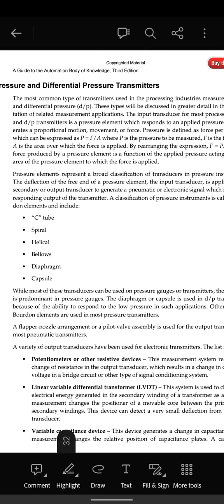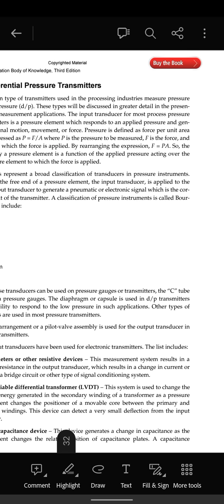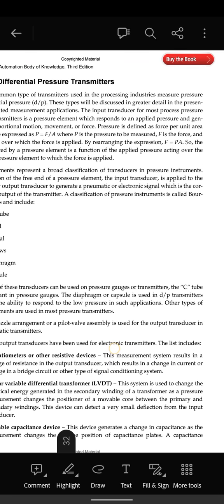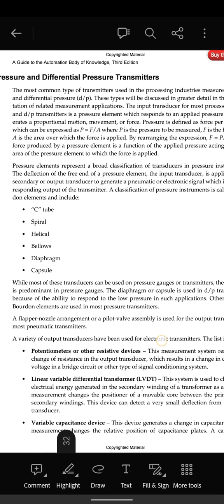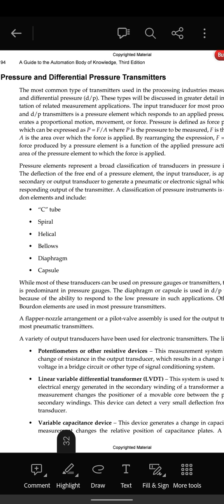Our classification of pressure instrument elements is called Bourdon elements and includes C, spiral, helical, bellows, diaphragm, and capsule.